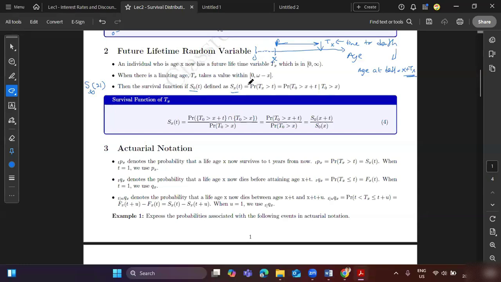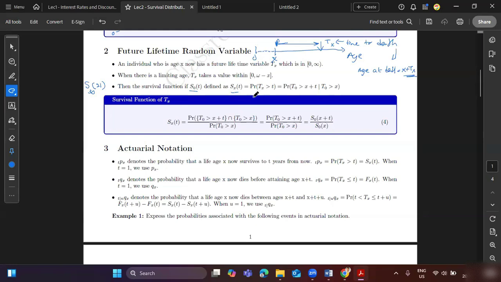In the previous case, this was the probability of that person surviving for T more years. So if that person is 30, and we are interested in the event that he survives the next 21 years, we don't know the exact time of death after 21 years, but we know for sure that the person will live from 30 to 51.